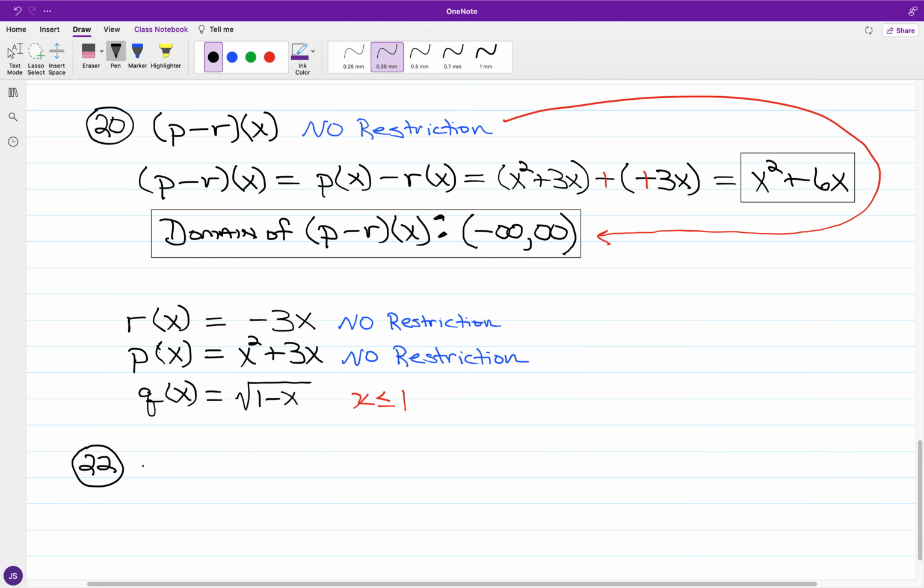So for number 22, you have r times q of x. Now, in this particular case, r has no restriction. However, q has the restriction that x is less than or equal to 1.